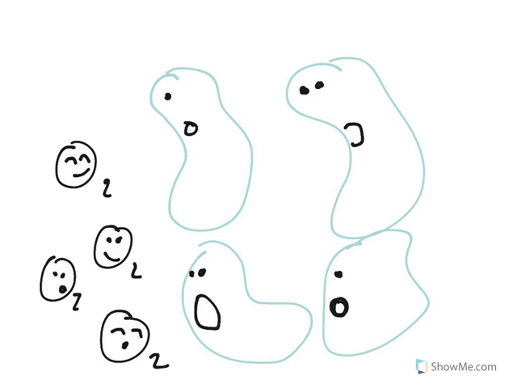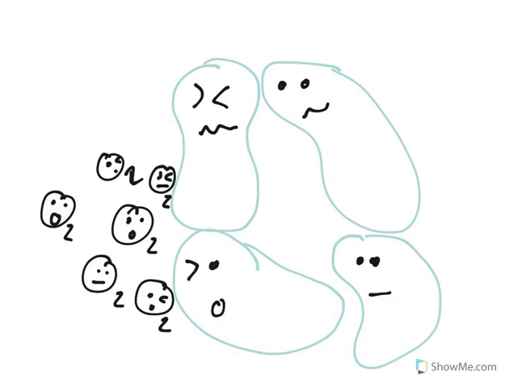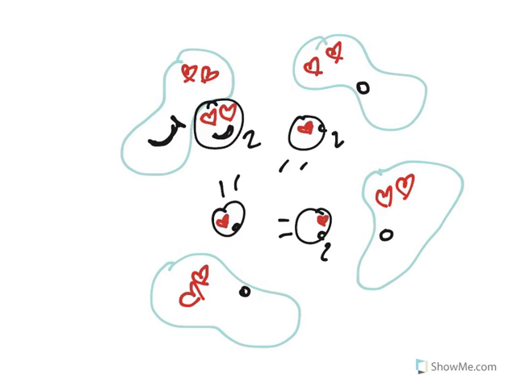So eventually, more and more oxygen molecules start to fall in love with the hemoglobin. And there's a lot of oxygen trying to get into the hemoglobin. And eventually, after a long time of trying, one oxygen finally gets to the hemoglobin molecule.